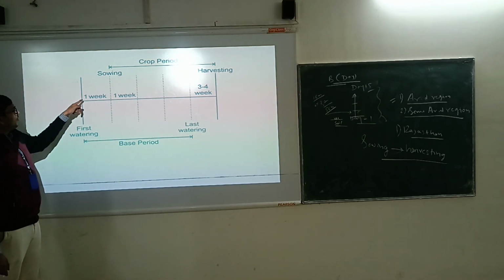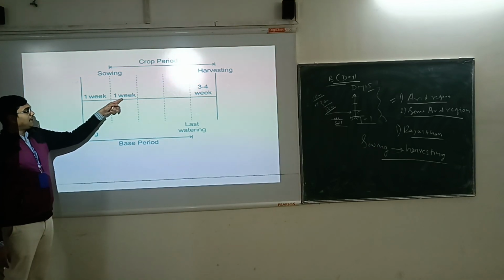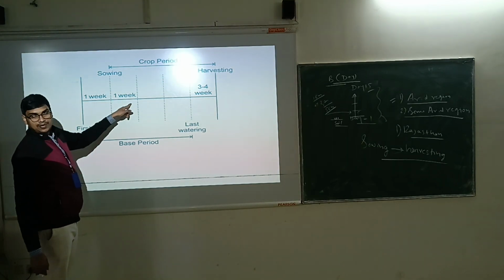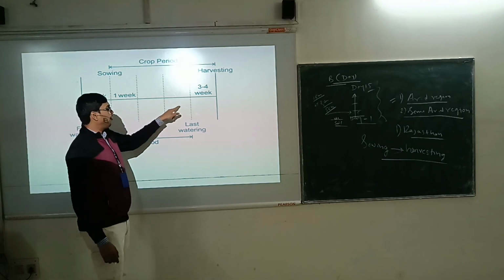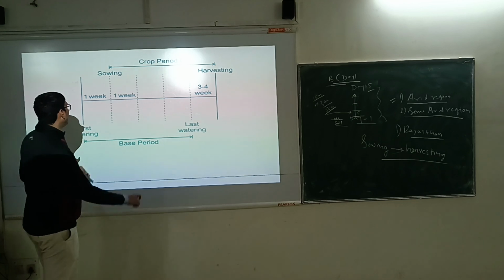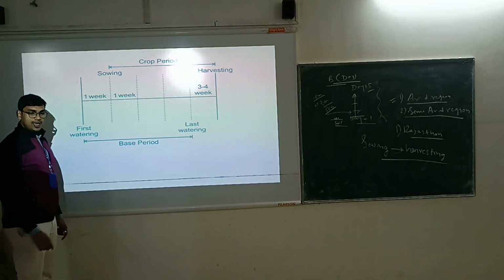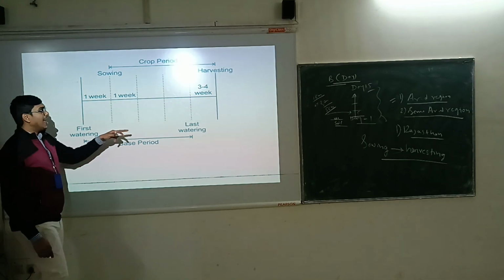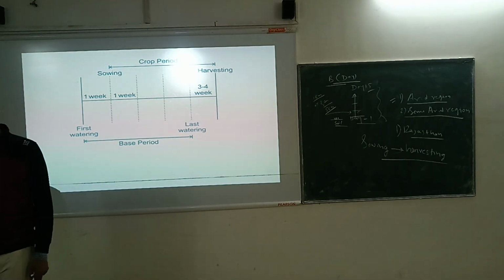So after the first week, you sow. Then the first week is the interval of time: interval of time 1, 2, 3, and 4. So this is the last watering. Initially you have put water here, here, here, and here. So the first watering to the last watering is known as the base period.